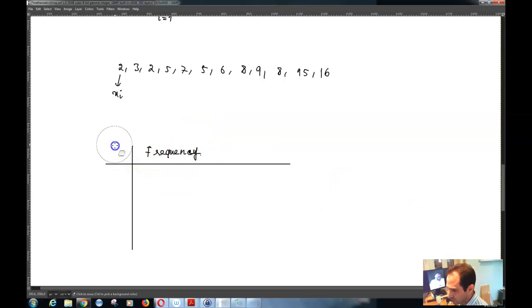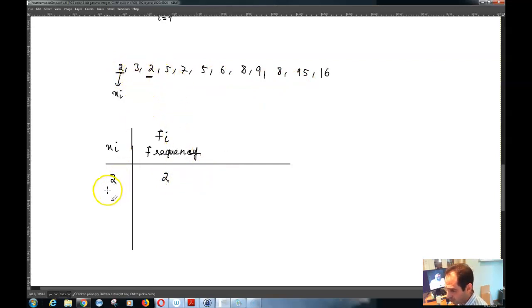So this is one observation, xi, and this is the frequency fi related to that observation. The observation 2 happens twice here, so the frequency related to that is 2.